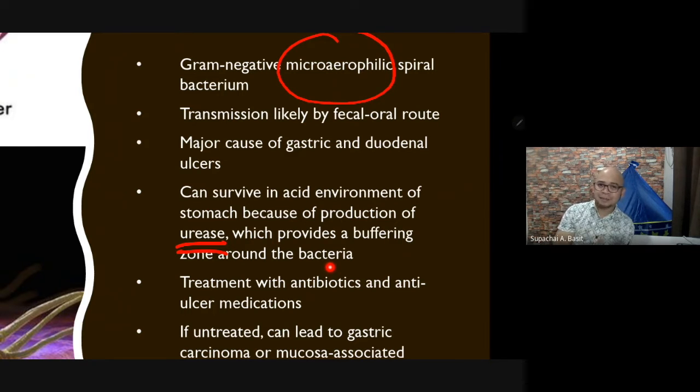Normally, bacteria cannot survive in the stomach because of the corrosiveness of our gastric juice. But because of Helicobacter pylori's ability to produce urease, it can neutralize the corrosiveness of hydrochloric acid. Hence, they are able to survive in the gastric environment.